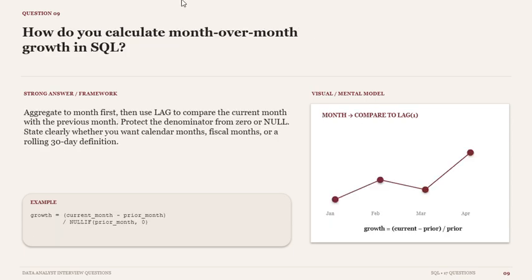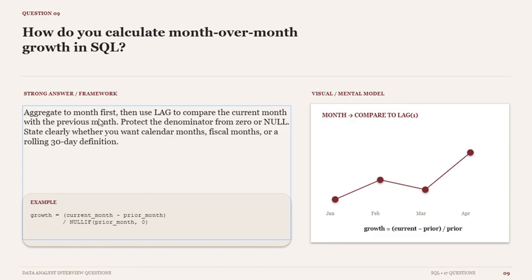How can we calculate month over month growth? A very, very important question again. So here I will calculate month over month: current month minus the prior month, that is my new sale value, divided by the prior month. That is indicating growth.